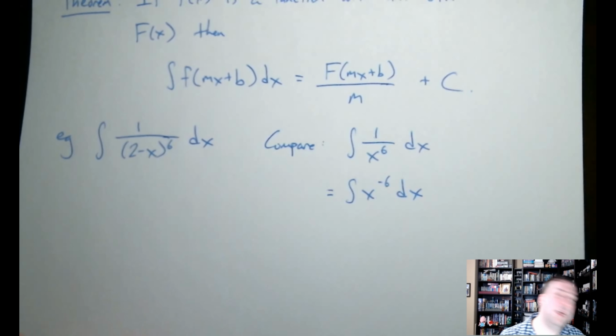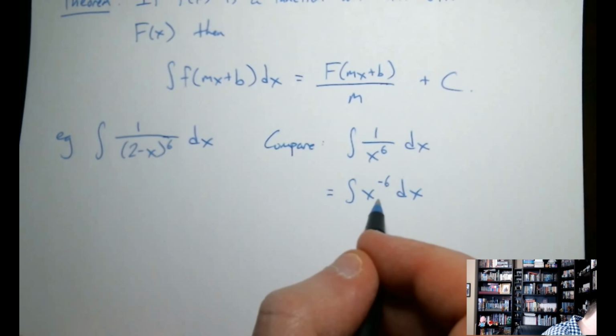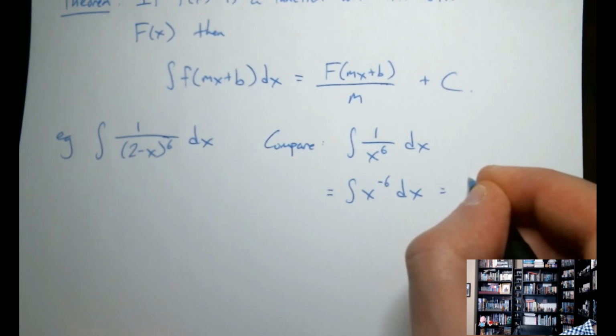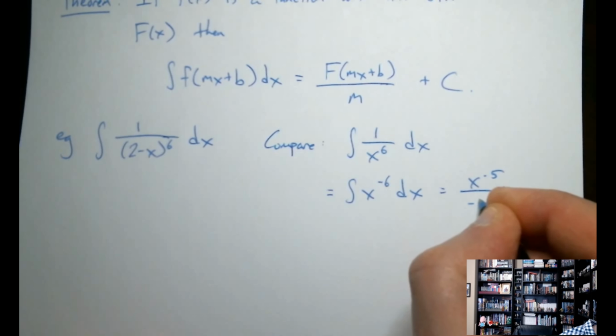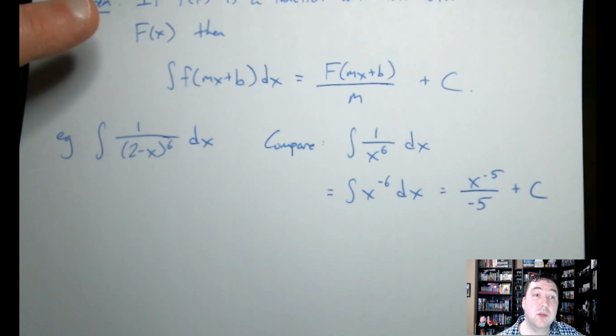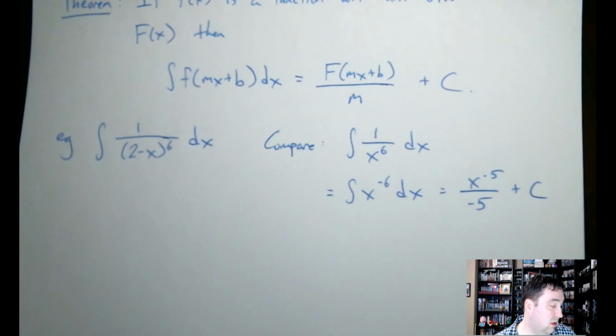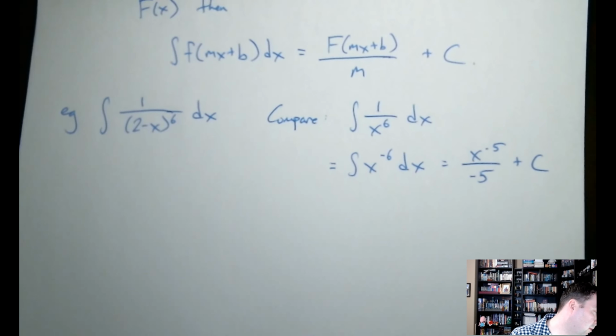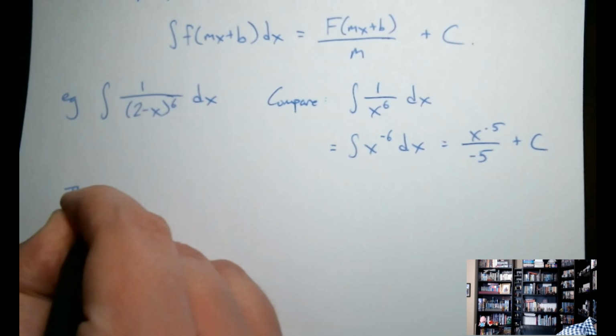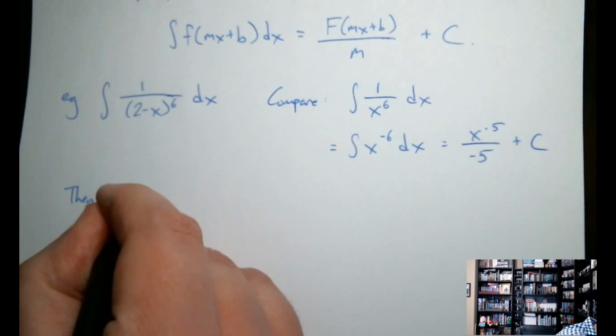And that's the integral of x to the negative 6. There we can just use the power rule. So we can add 1 to the power to get x to the negative 5, divide by the new power. So what this result tells us is that this integral will follow the exact same pattern, but we have to account for the coefficient of the x.